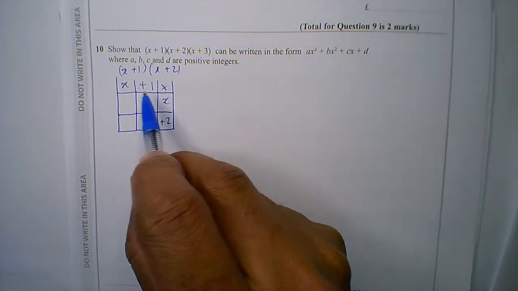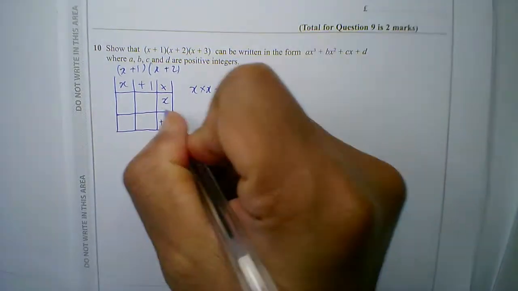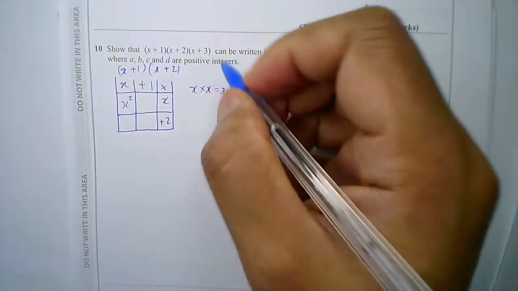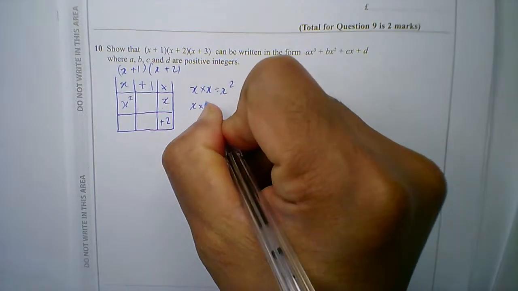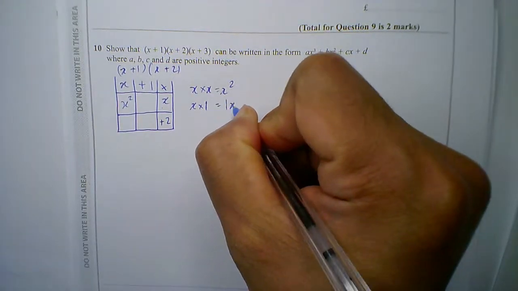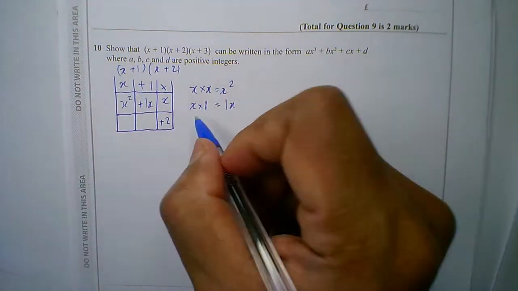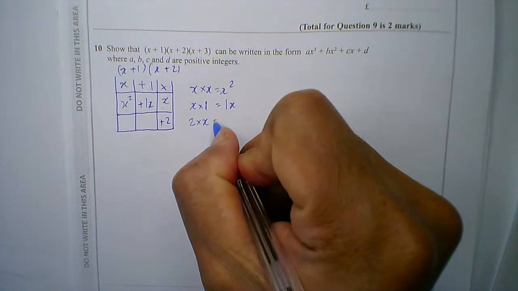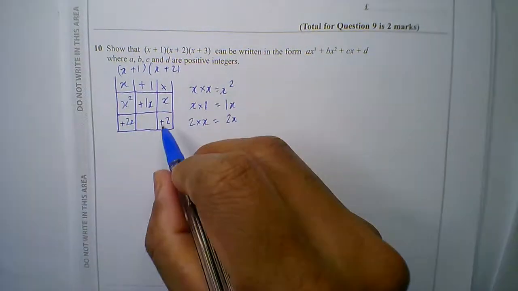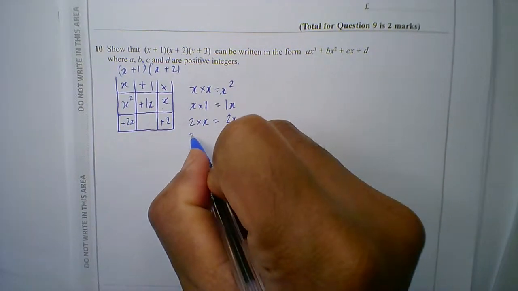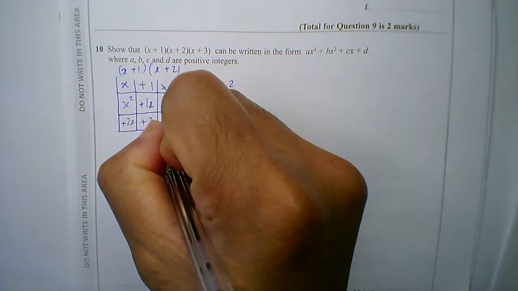So I've got x times x gives me x squared. I've got x times 1, which is plus 1x. 2 times x gives me 2x, so it's plus 2x. 2 times 1 gives me 2, so plus 2.